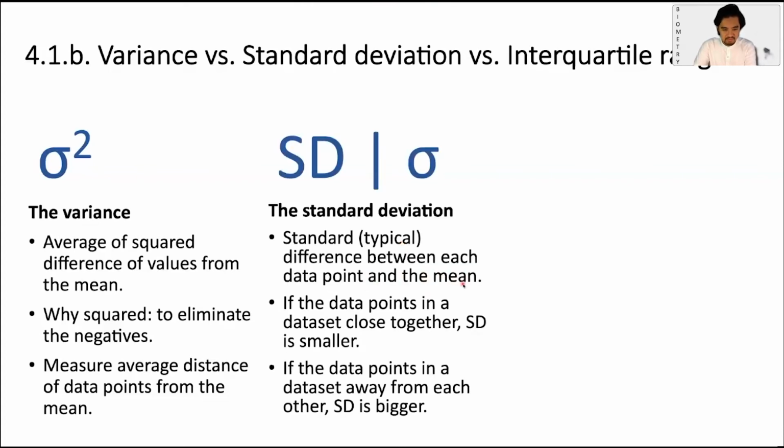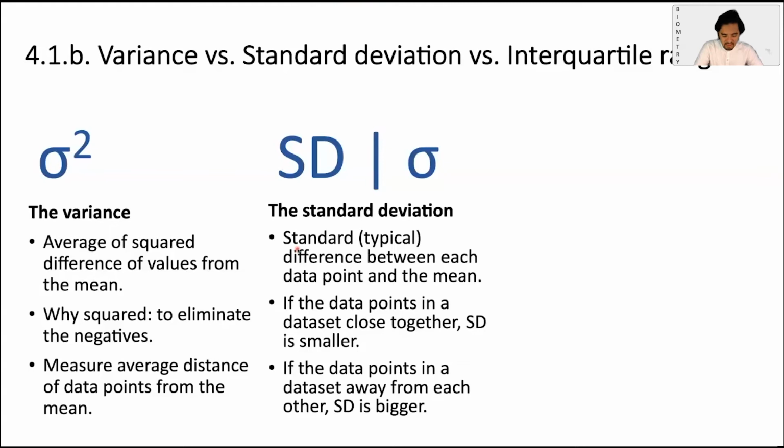So now we have the standard deviation. The symbol here is sigma, while the variance is sigma squared. For the standard deviation, the symbol is sigma or SD. The reason we call it standard deviation is we calculate the typical differences between each data point and the mean.